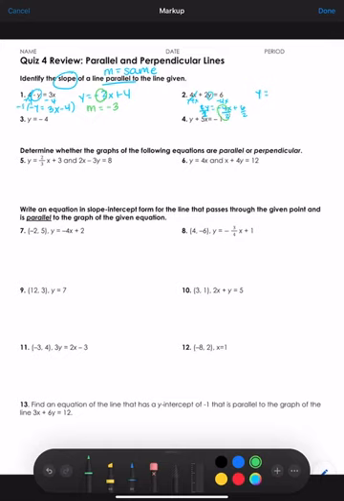I've got a negative 4 divided by a positive 2, so that gives me a negative 2, keep the x. And then here I have 6 divided by 2, which is a positive 3. Now that this is in slope-intercept form, I can easily see that my slope is negative 2.